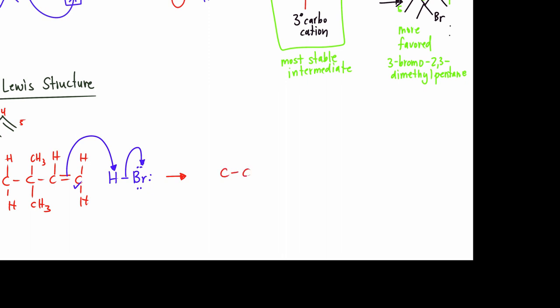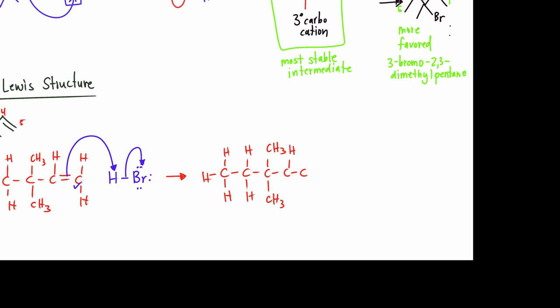So 3 carbons, 5 carbons: 1, 2, 3, 4, 5. And this is H, H, H. This is H, H. This is CH3. This is CH3. You still have your H there.